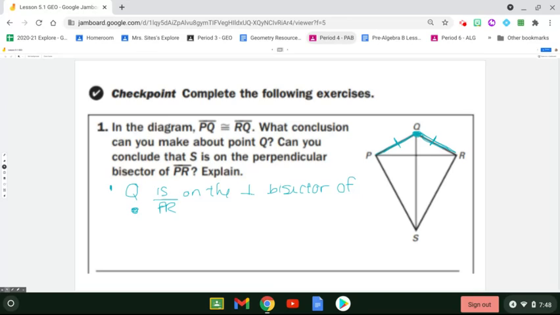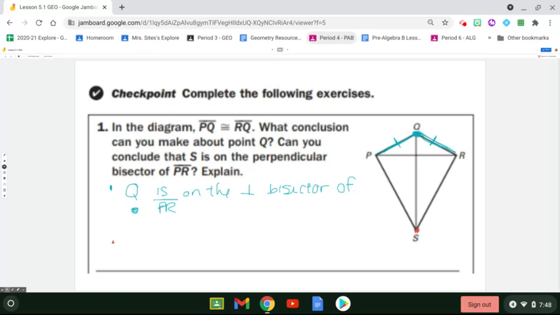All right, the second question says, can you conclude that point S is also on the perpendicular bisector of PR? Now we need something to be congruent for us to be able to say that S is on the perpendicular bisector of PR.